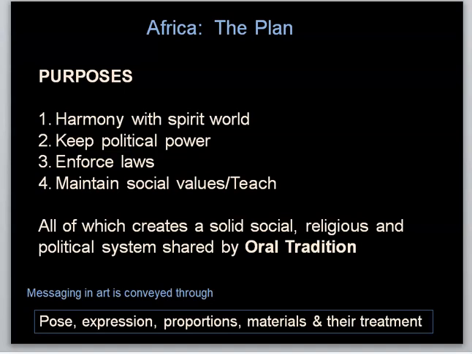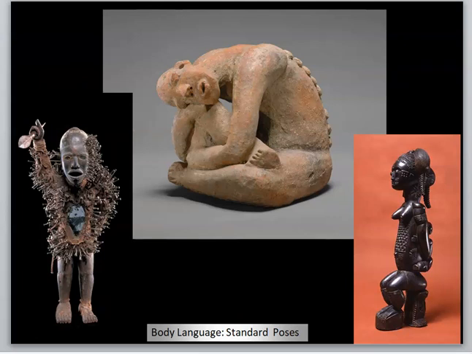In African sculpture, for instance, there are a number of universally understood poses that can be used in carving or shaping an artwork. If you want to simplify it, you can call it body language, standard poses that would be immediately understood by the viewer.